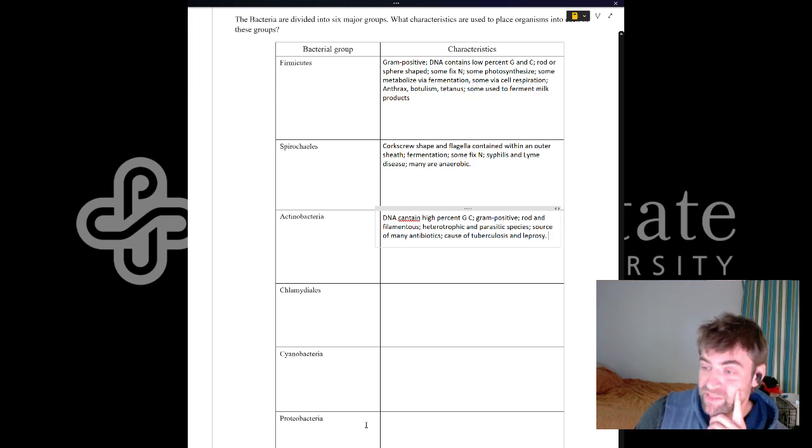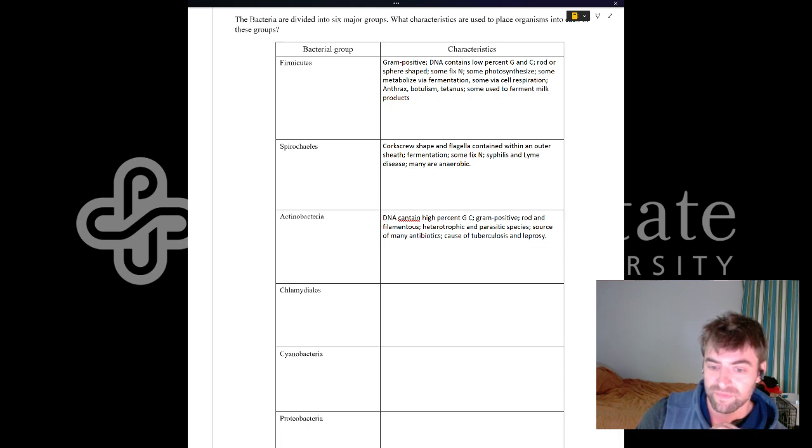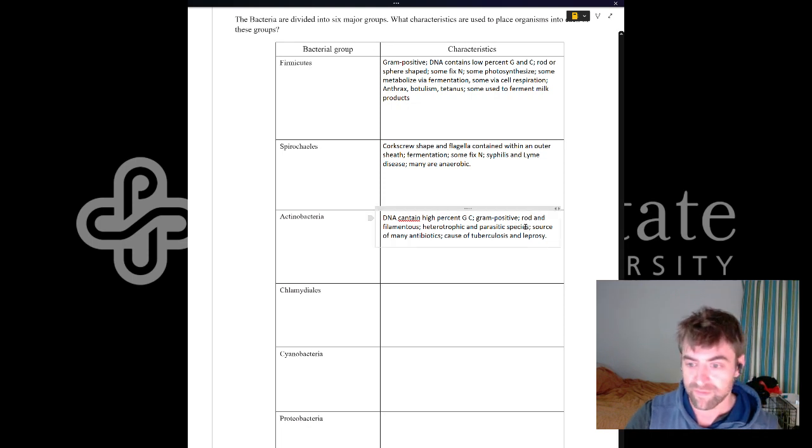And it's usually about accessibility to treatment. They're also abundant soil decomposers.